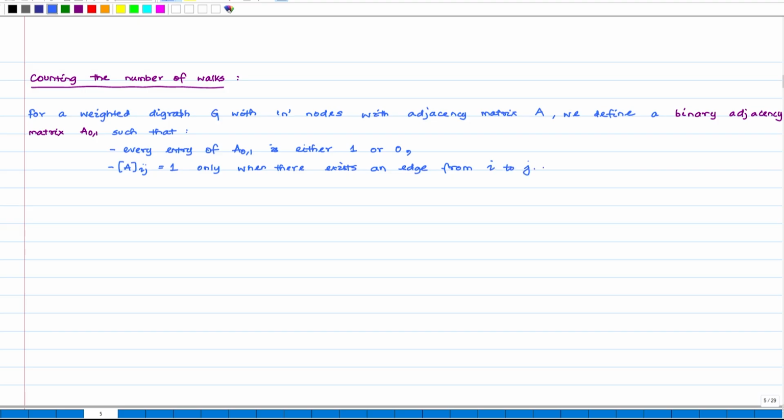So, notice that irrespective of the weights of the graph, we can always associate such a matrix with the graph, meaning we simply replace the weight with the value 1 and then construct the binary adjacency matrix.